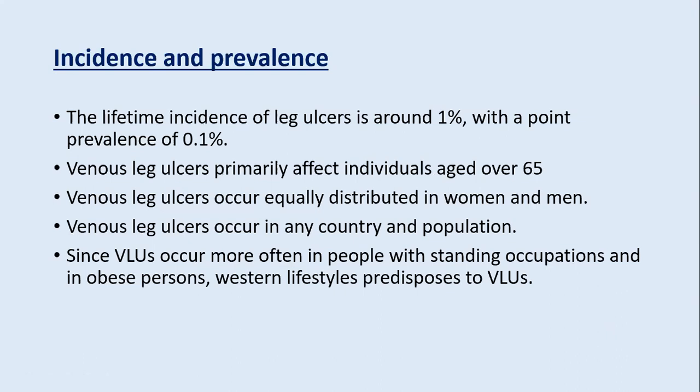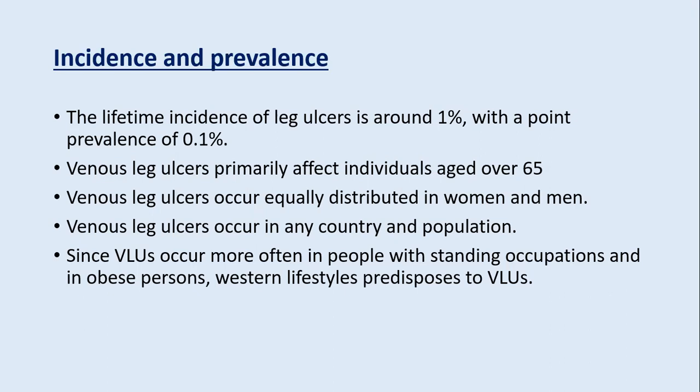Incidence and prevalence. The lifetime incidence of leg ulcer in a person is around 1%, with a point prevalence of 0.1%. Venous leg ulcers primarily affect individuals above 65 years of age, and they are equally distributed in women and men. But since women live longer, there are more chances of venous leg ulcers in aged women.